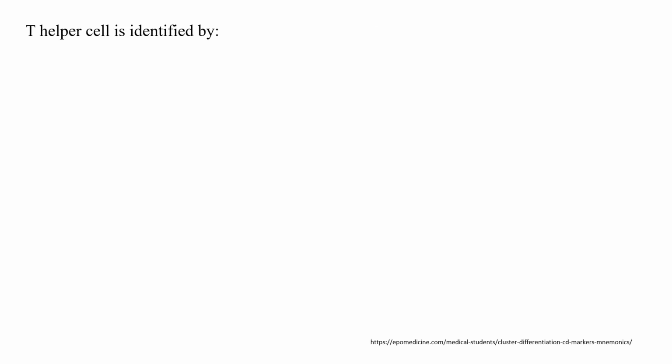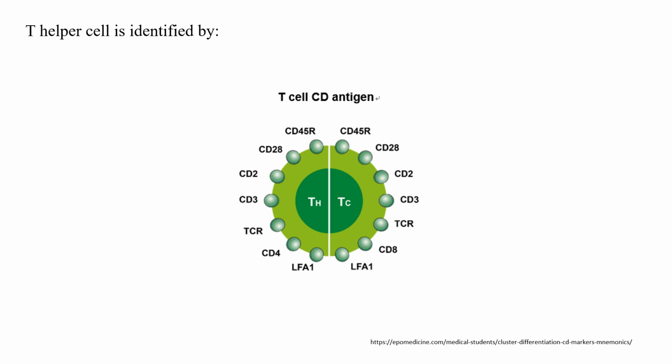A T helper cell is identified by: the T helper cell is a type of T cell that provides help to other cells in the immune response by recognizing foreign antigens and secreting substances or cytokines that will activate T and B cells. These cells have CD4 markers on their surface.